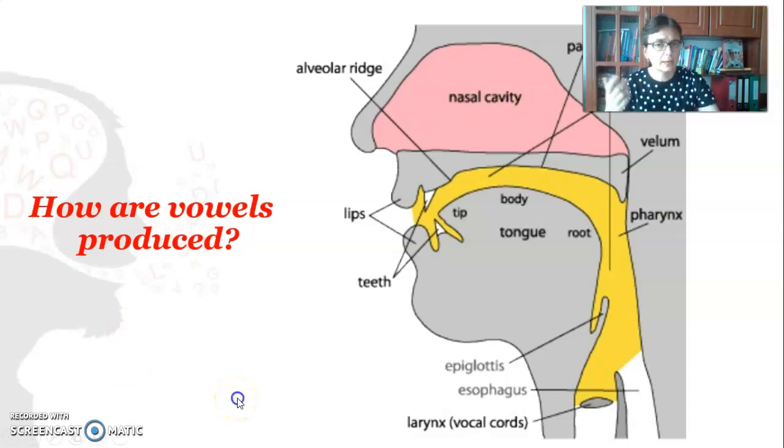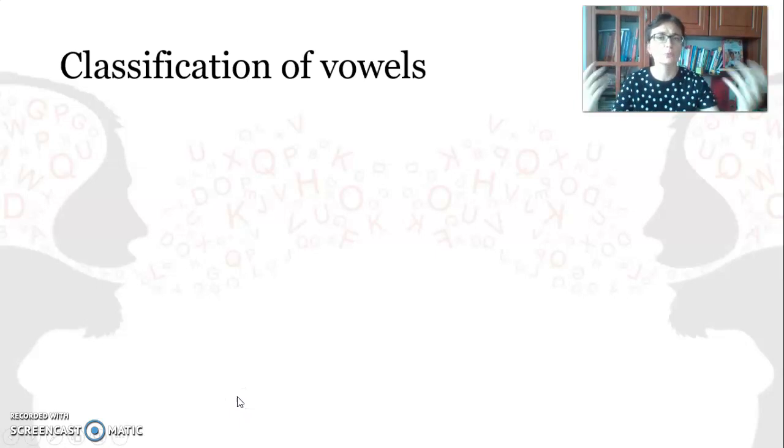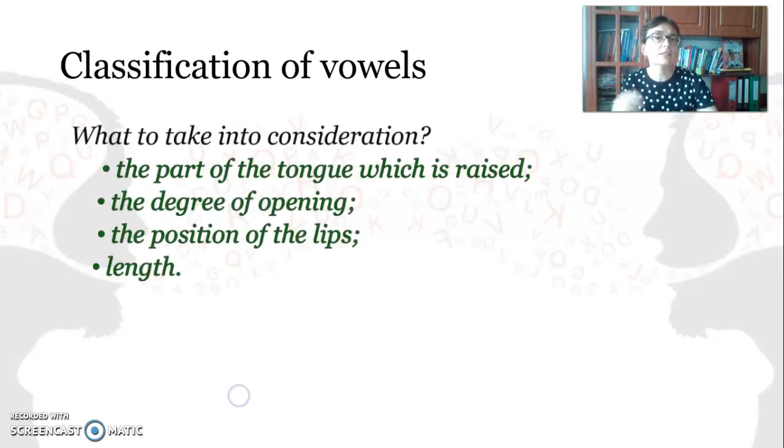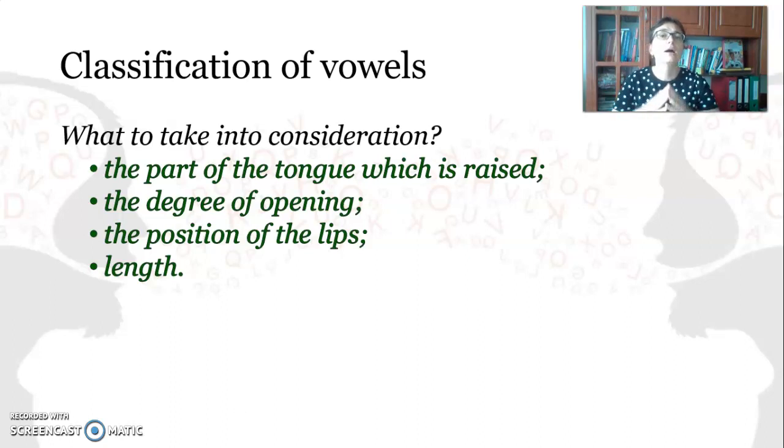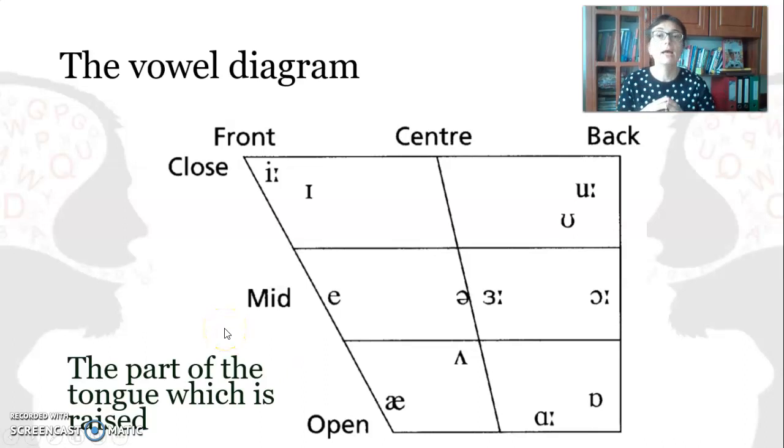In order to become aware of how to properly articulate vowels in English, it is good to classify them first. We shall take into consideration, while classifying them, which part of the tongue is raised towards the palate, the degree of opening of the mouth, the position of the lips, and finally the length of the vowel sound.